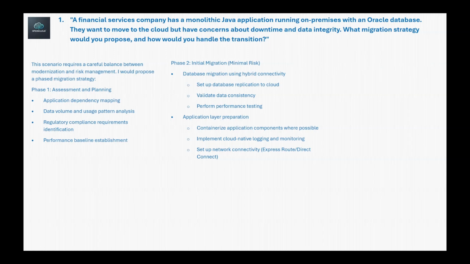You can use that, and it has a complete set of steps to do an unphased migration. We can leverage that, where I would set up a database replication to the cloud, and once the replication is done, I will do a validation for the data consistency and also test the performance of the data.